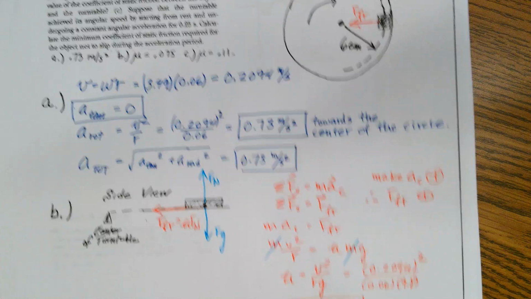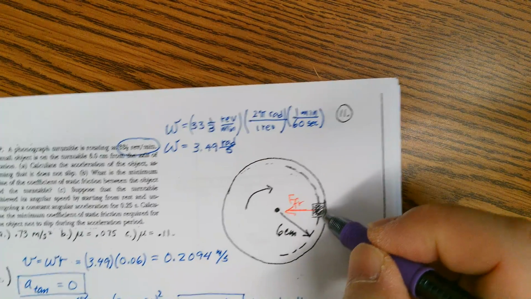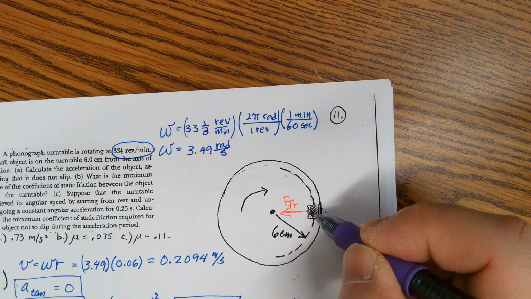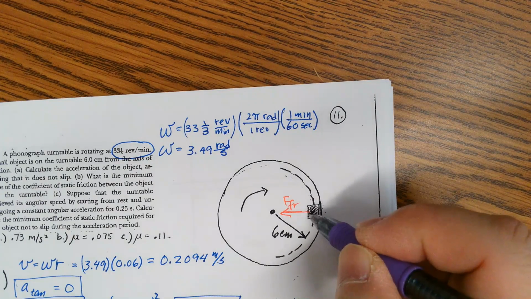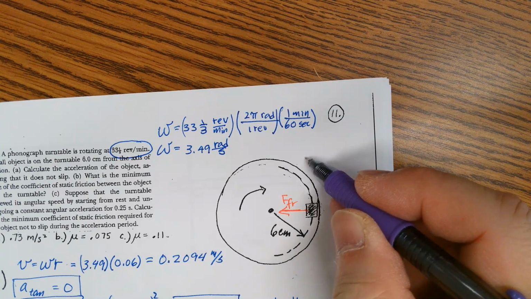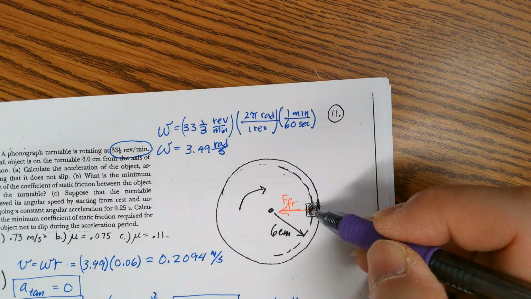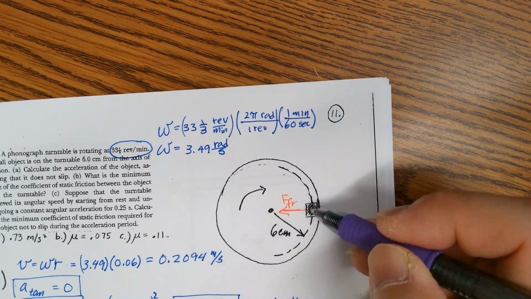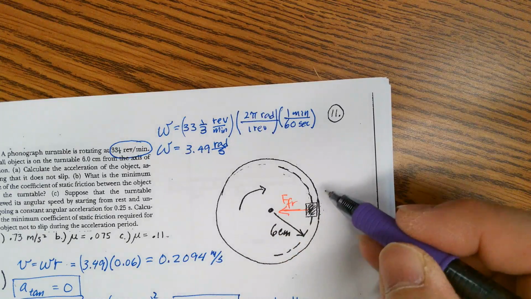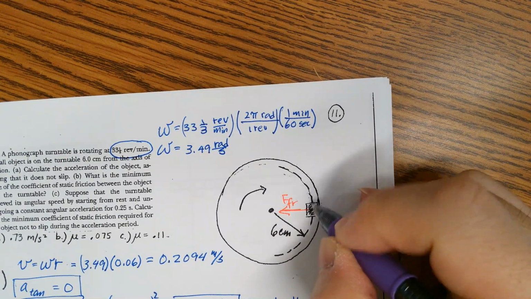Now, when I say that, because it starts from rest, not only does it have to be kept on the turntable tangentially, but also radially to keep it going in a circular motion. So we're going to have two different forces acting on this.